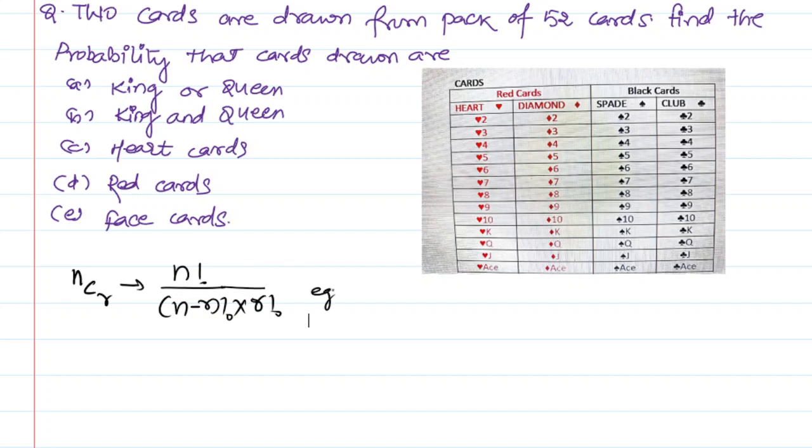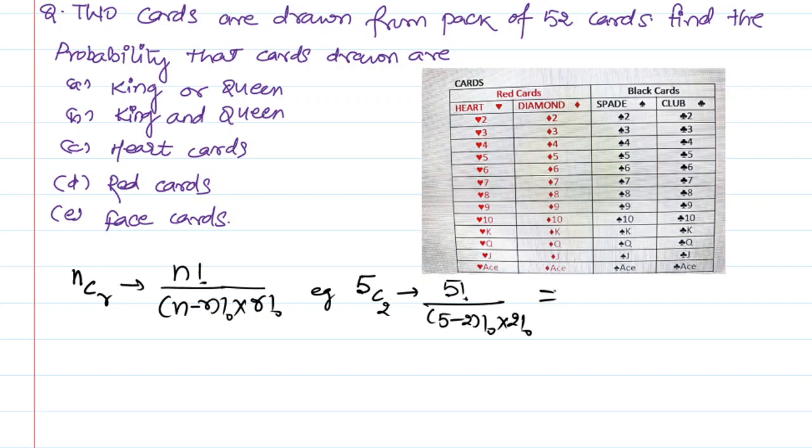Let's take an example. I want to draw 2 items, or let's say 2 balls from a pack of 5 balls. So how do I do it? If I'm comparing with this, the value of n is 5 and the value of r is 2. So let's substitute the values and get it. It's 5 factorial upon (5 minus 2) factorial into 2 factorial.